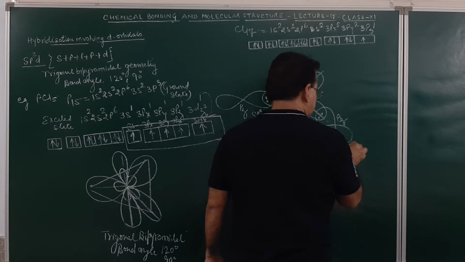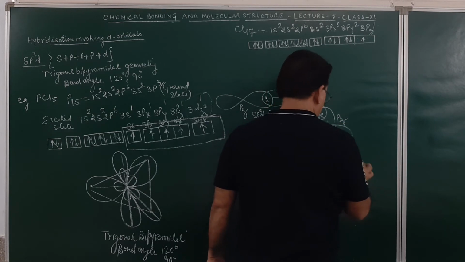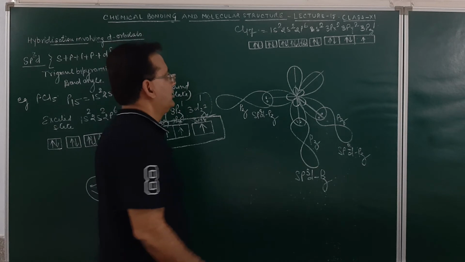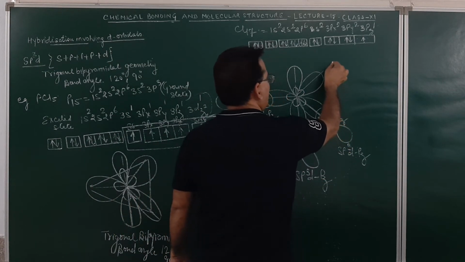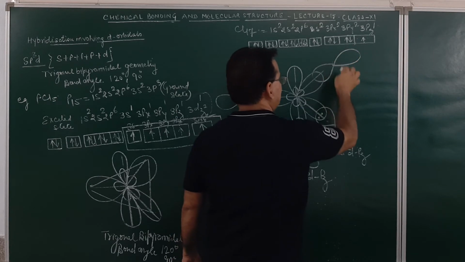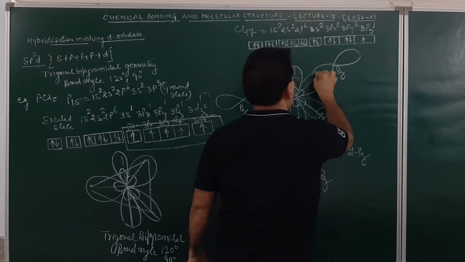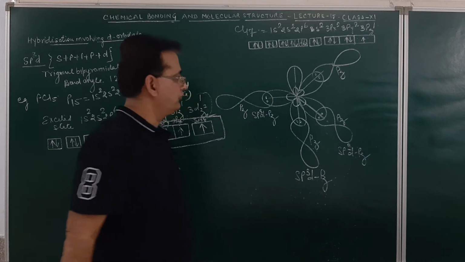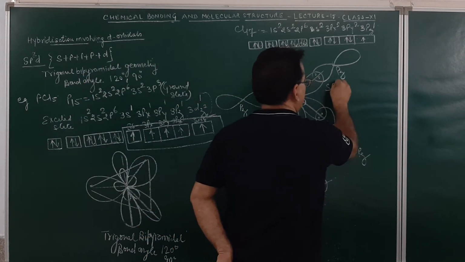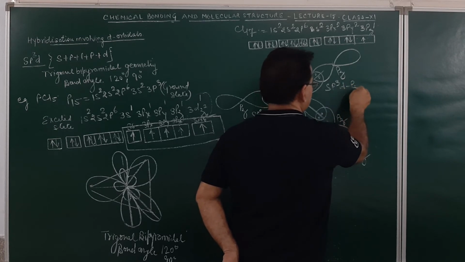It is sp3d orbital, sp3d and pz orbital. Am I getting clear, student? Similarly, one of the hybrid orbitals will be overlapping with this one, pz. This again is pz, and this is the overlapping region with the electron density. So this again will be sp3d and pz.